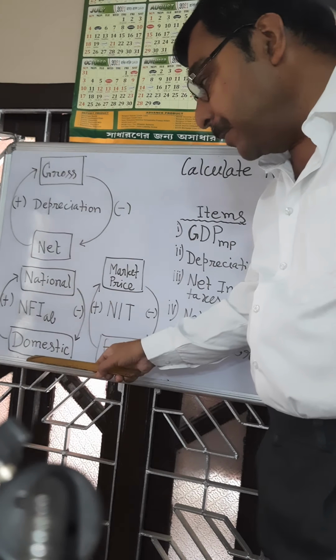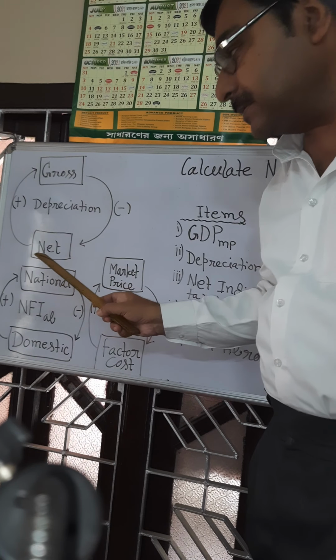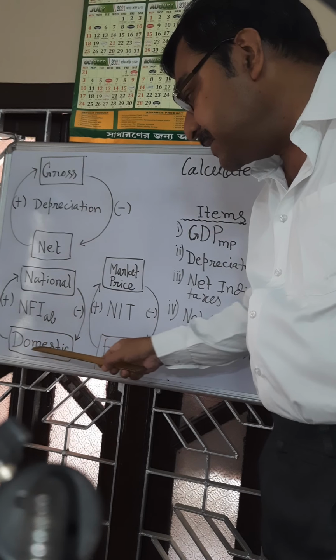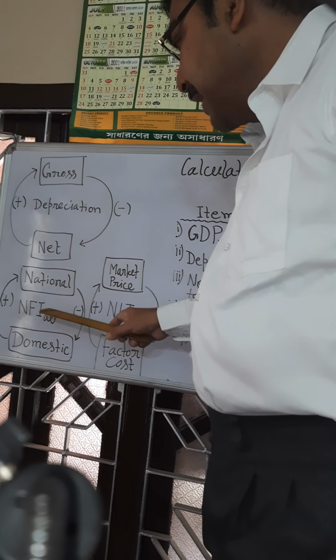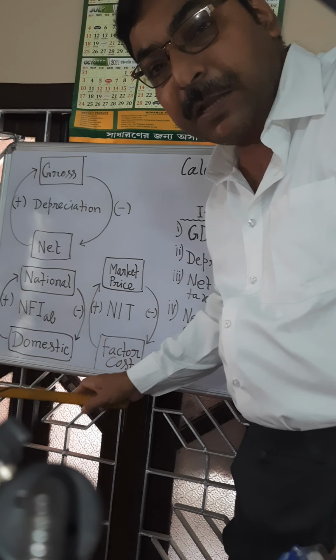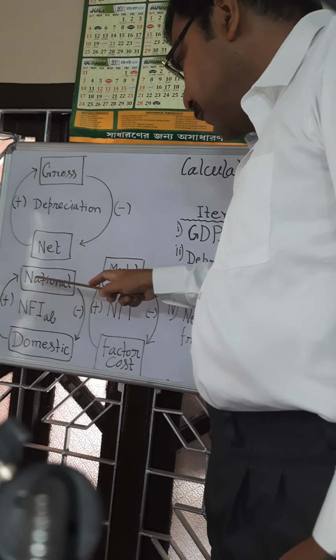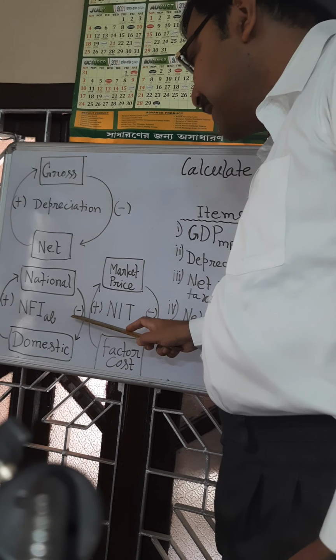National and domestic. Assume national is a bigger concept and domestic is a smaller concept. So we write national above and domestic below. Now if you move from big to small, national to domestic, you have to deduct something.